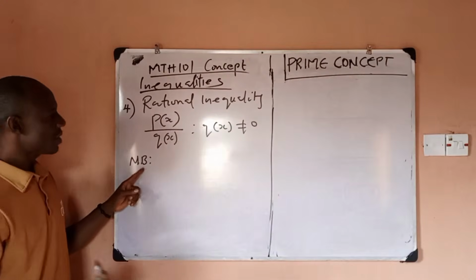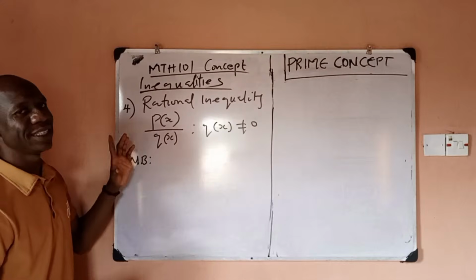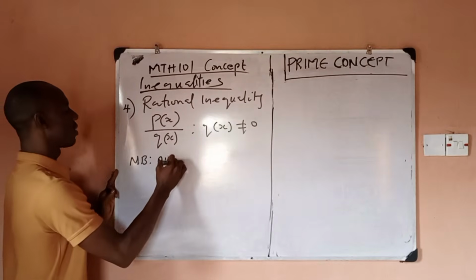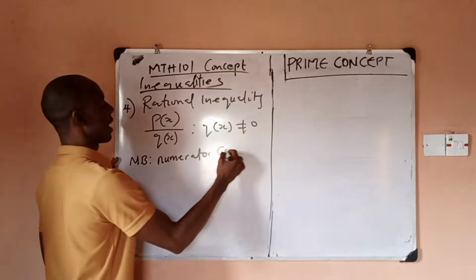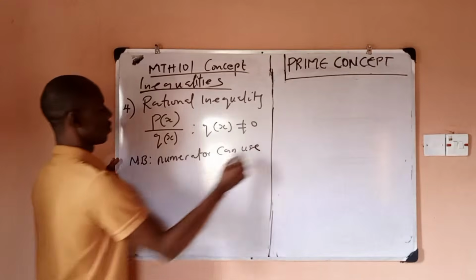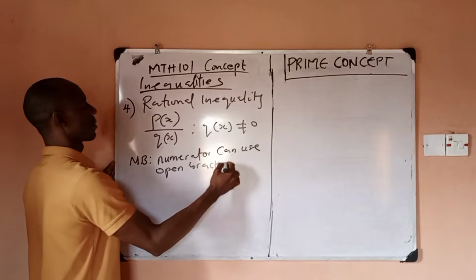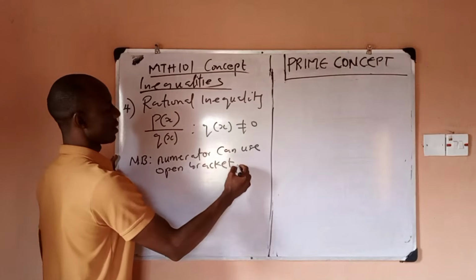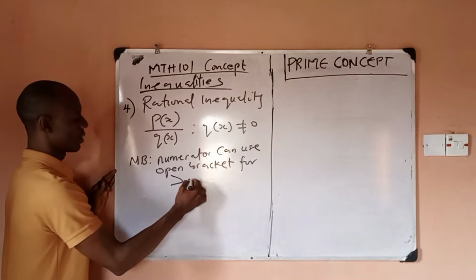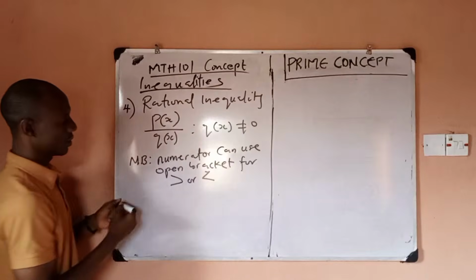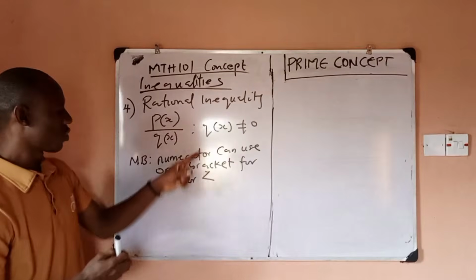Now, one of the things I want you to note when you are solving rational inequality is that for the numerator, you can use an open bracket.